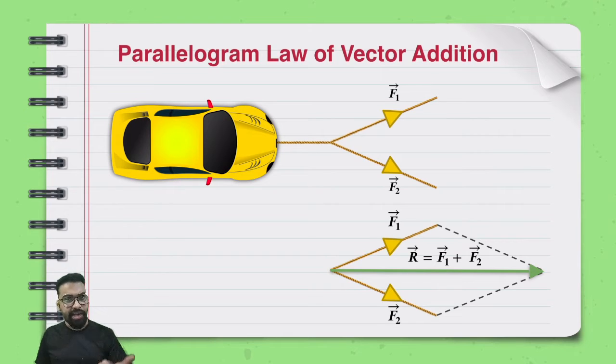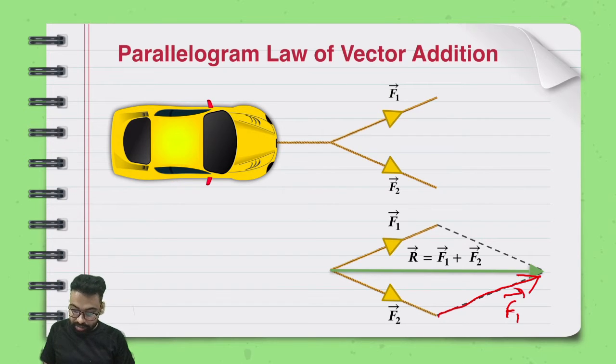So if I draw the F1 vector like this and add to it the F2 vector, in the same direction and orientation, this particular triangle is what we are looking for to get the resultant, and the third side is said to be the resultant.